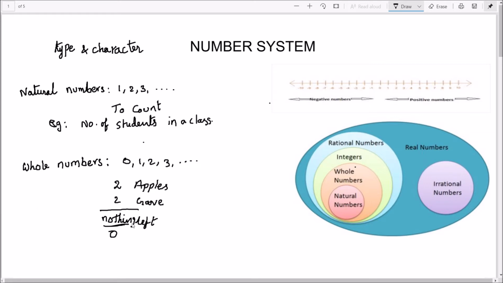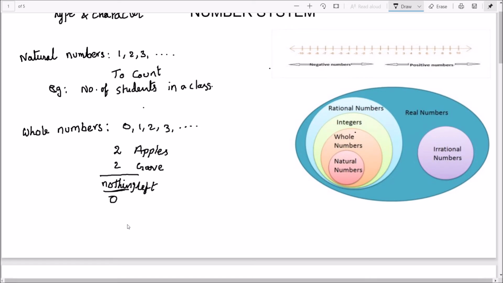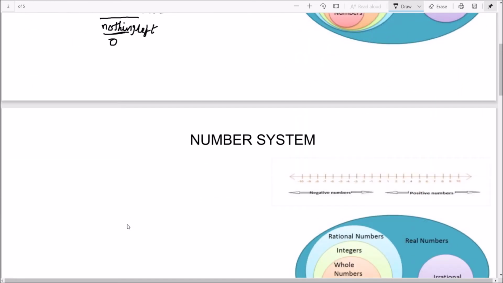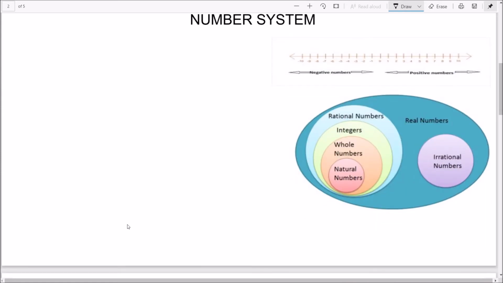The next number system is integers. Integers we already covered in previous classes. All whole numbers, that is 0, 1, 2, and so on, and negative numbers. So along with whole numbers, negative numbers are also there. Where will we use these negative numbers? Here I am giving an example.